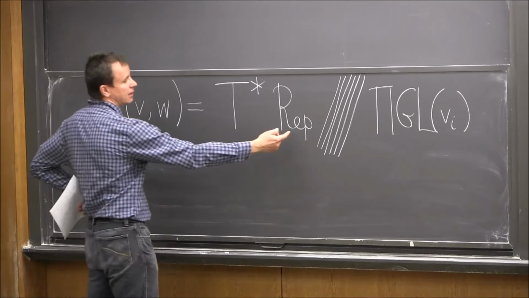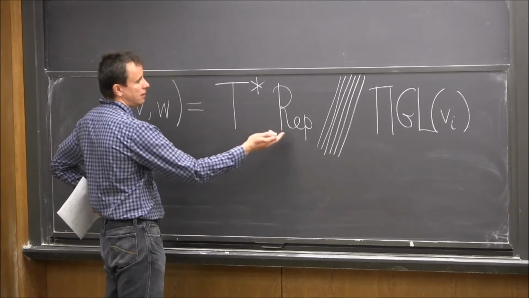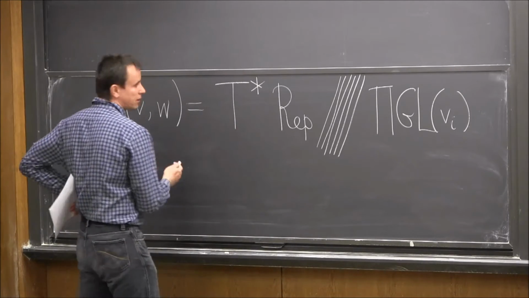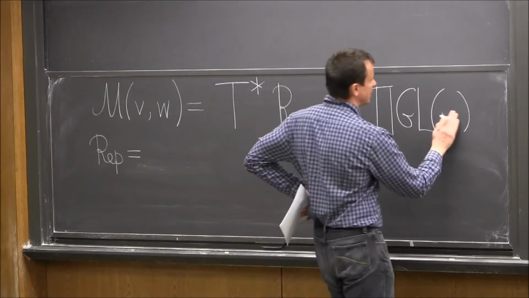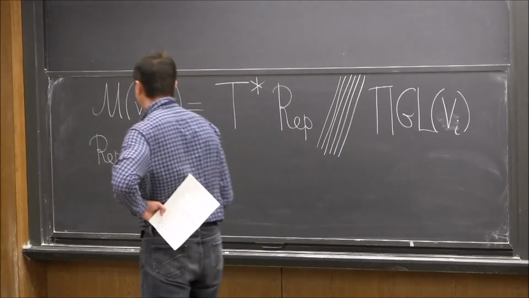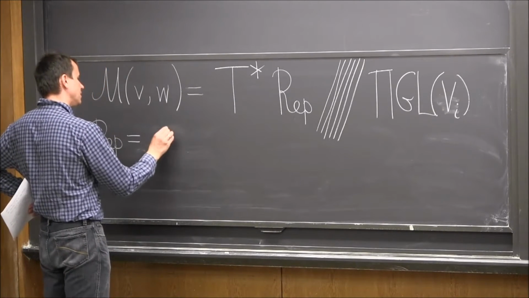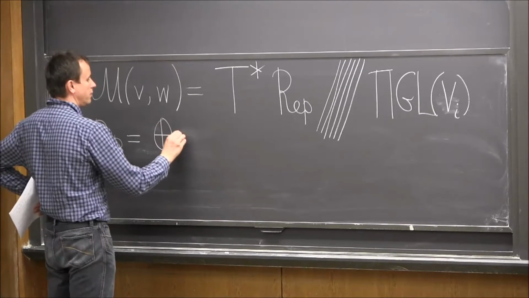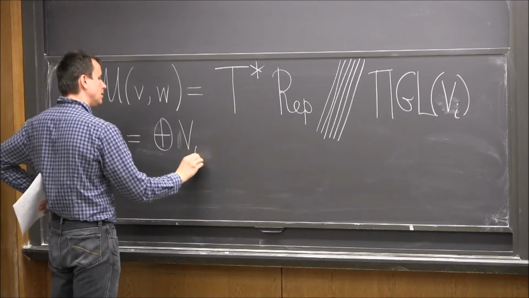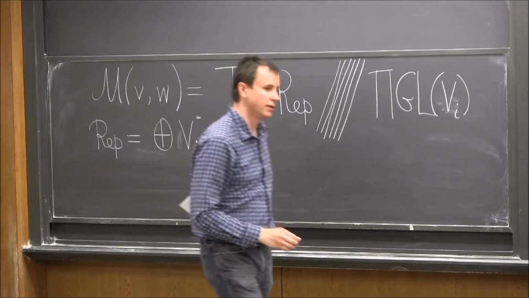Since we're taking some linear representation on this dual, this is GL of some vector space V_i, and what's allowed here is some number of copies of these V_i.